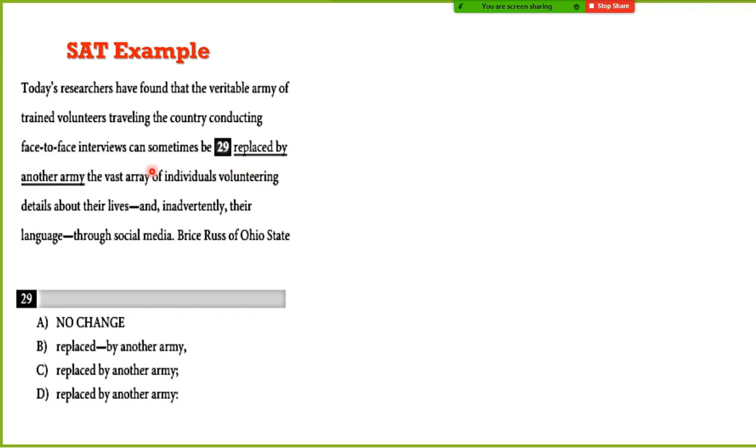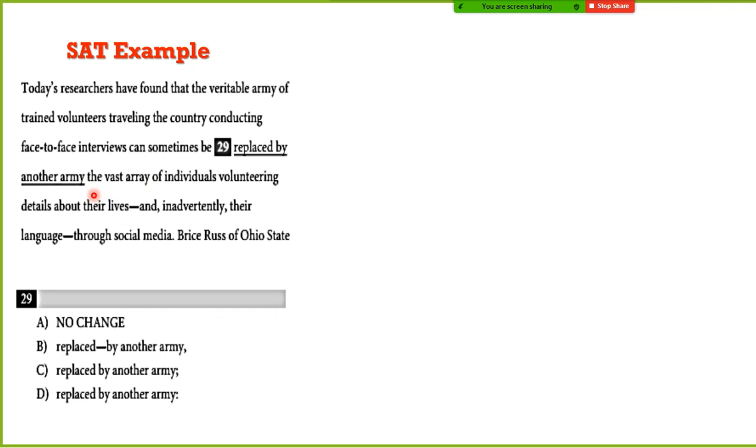He said that they can sometimes be replaced by another army. What this army is, the vast array of individuals volunteering details about their lives. What did he add after the word army here?